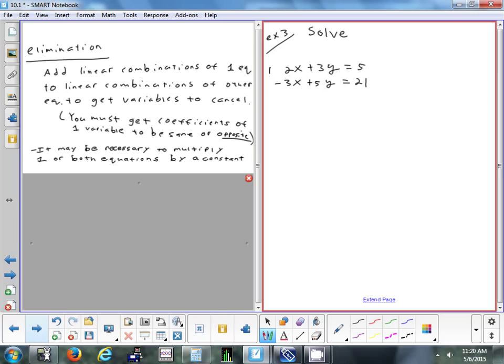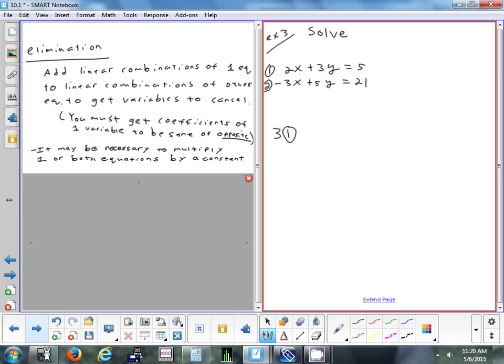Let's call this one equation 1. This is equation 2. What could we do to equation 1 to make that first number, coefficient of x, a 6? Multiply by 3. Yeah. So let's take 3 times equation 1.